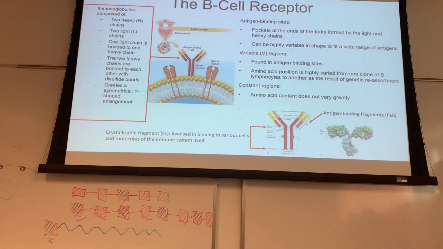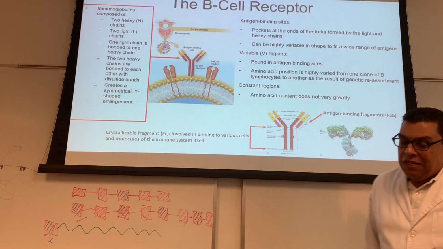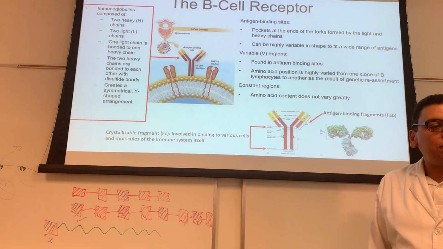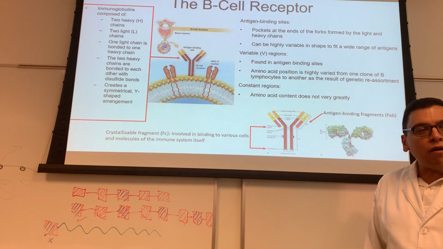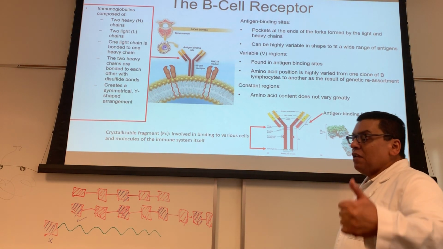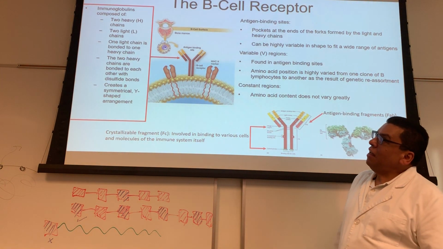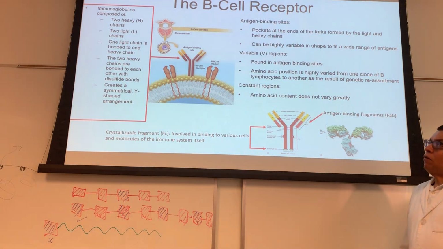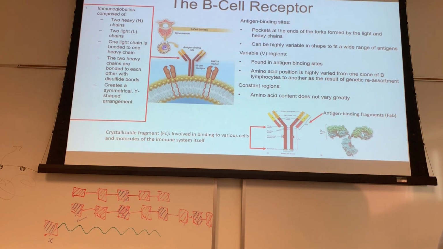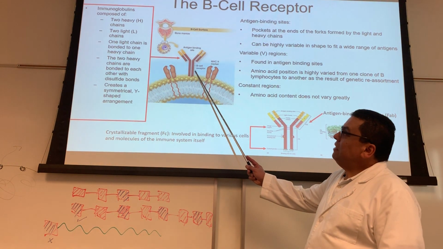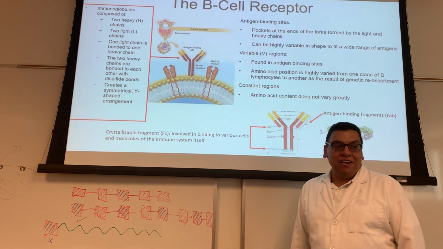All right. So the surface of the B cell is a busy place. Besides the fact that it has MHC1 to mark it for who it is, to present viral antigens on it. Besides the fact that it has MHC2 for antigen presentation to the T cell, it also has what is called a B cell receptor, which is an antibody.